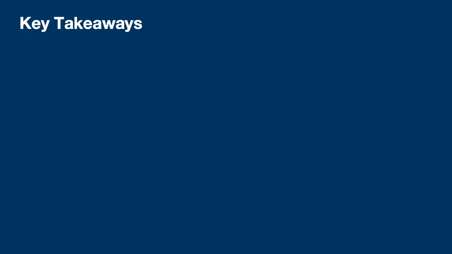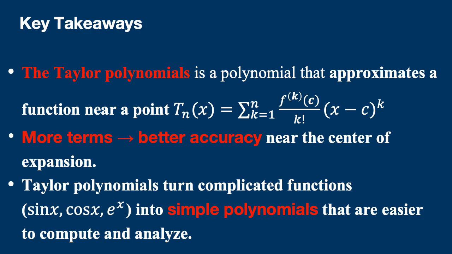What we study here, guys, is that a Taylor polynomial is a polynomial that approximates a function near a point. Here is the key point. Tn is of degree n, you add terms up to k equals n. The highest degree is n. You remember that it's a degree n polynomial. So with more terms, there is better accuracy near the center of expansion.